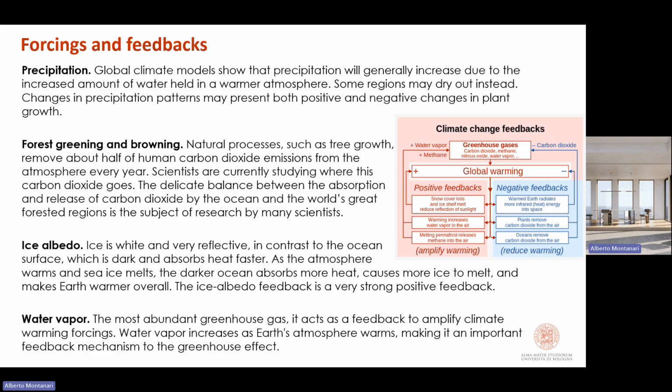Some regions may dry out, but in general, we think that precipitation in general will increase. More precipitation means a reduced temperature. So it is prevalently a negative feedback, but the feedback can be either positive or negative, but precipitation is indeed a feedback.